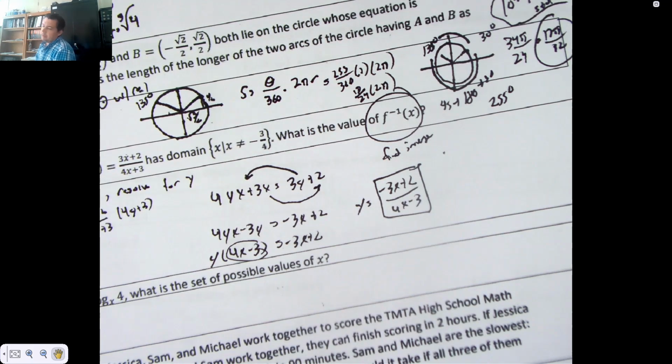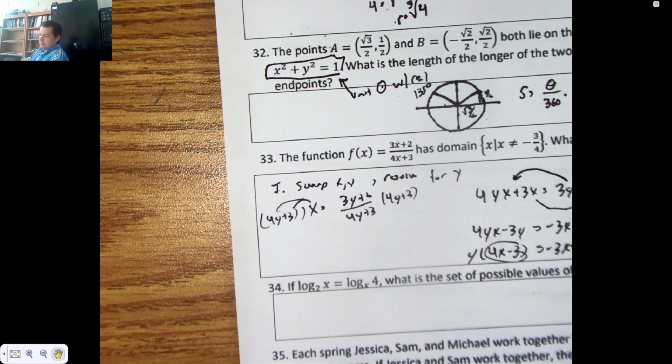Resolve. If log base 2 of x equals log base x of 4, what is the set of possible values of x? Do the same thing I did earlier.